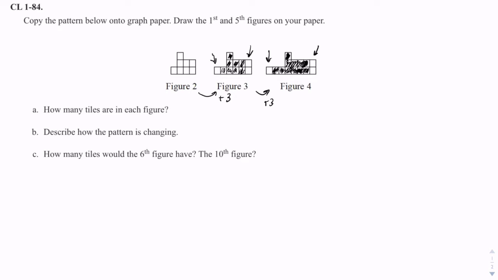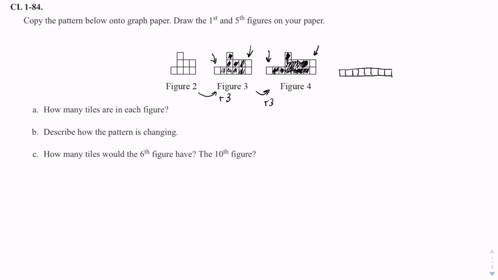So to draw figure 5, which they want us to draw, figure 4 has 1, 2, 3, 4, 5, and 1, 2, 3, 4, 5, 6, 7, 8 across the bottom, right? So here's 1, 2, 3, 4, 5, 6, 7, 8. There's the 8 from figure 4.